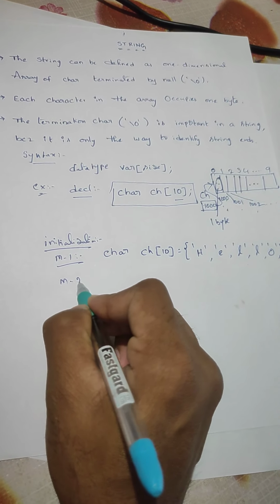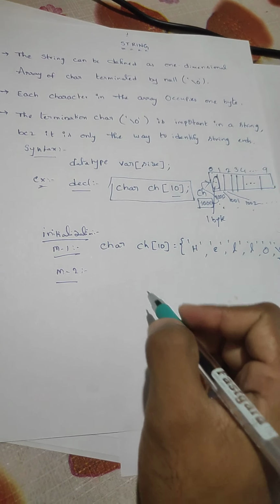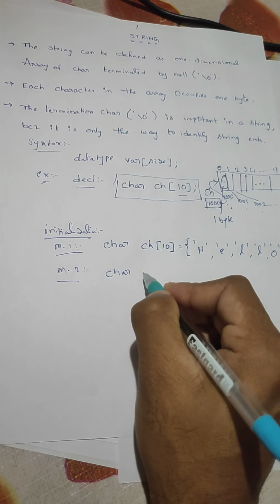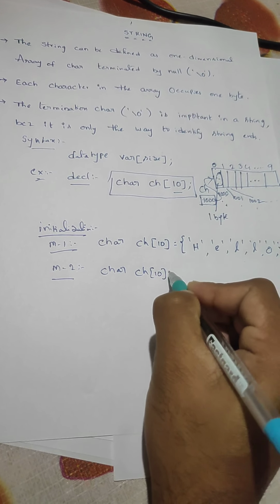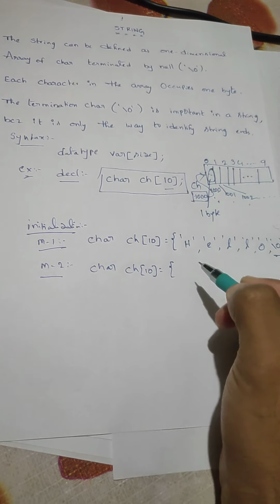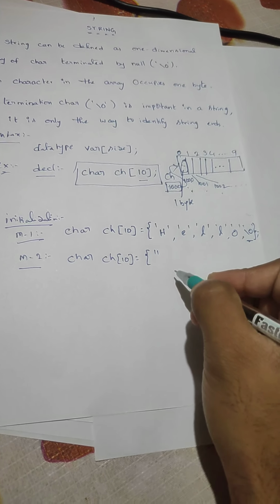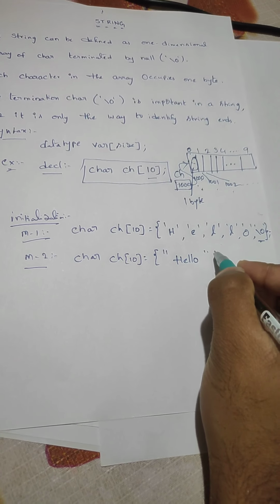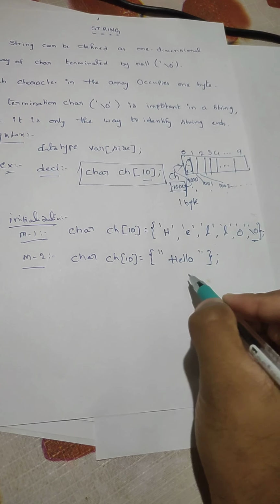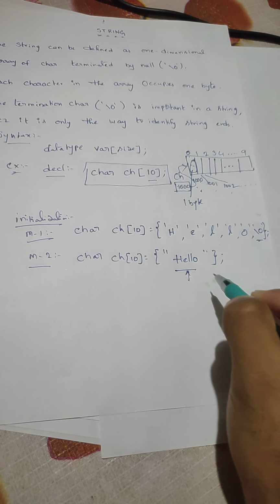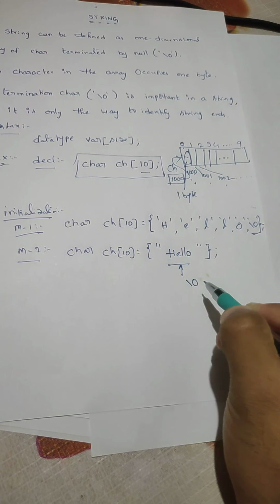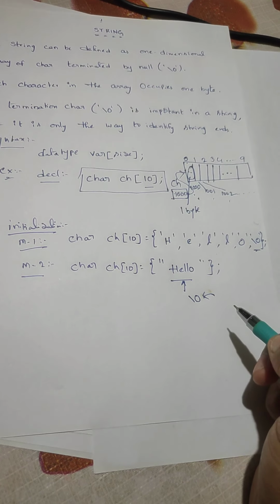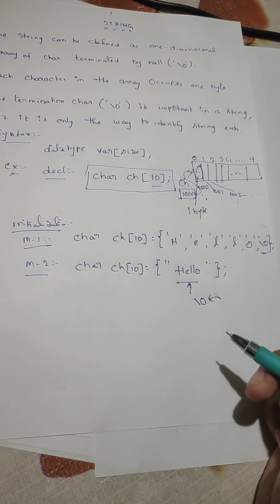Method 2: char ch of 10 is equal to, an open curly brace, and the entire string placed within double quotations, hello. If you want to store the entire string in a single shot, there is no need to mention the \0. The compiler will automatically add the \0.